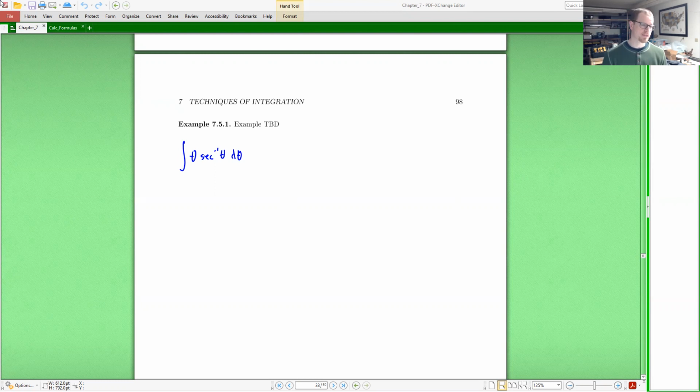Step 2 is look for an obvious substitution. I don't see anything that's obvious. Maybe you would want to say let u be inverse secant theta. Try it. Probably not going to lead you anywhere. Okay, so you move on. Step 3, classify the integrand according to its form. Well, this again has that inverse secant, so it has a transcendental function, and by part C of our step 3 there, that says to use integration by parts.